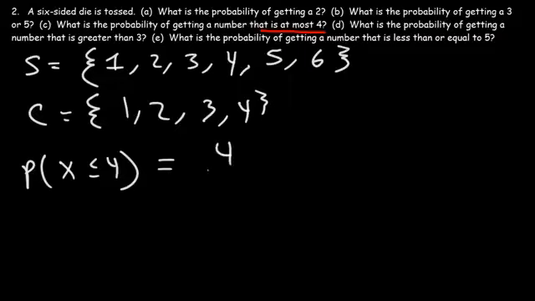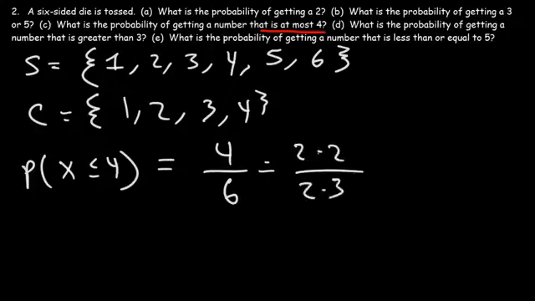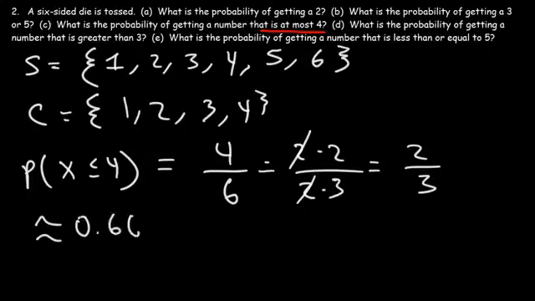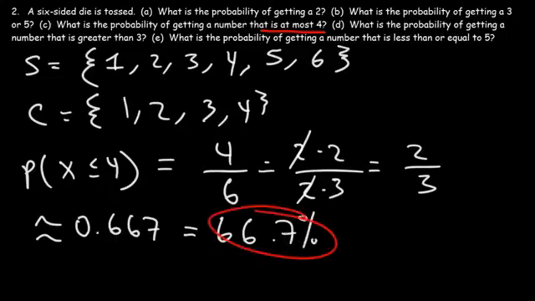So there's 4 favorable outcomes over 6. 4 is basically 2 times 2, 6 is 2 times 3. So this becomes 2 over 3, which is approximately 0.667. So there's a 66.7% chance of event C occurring.